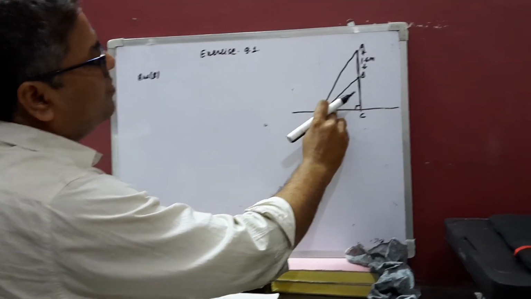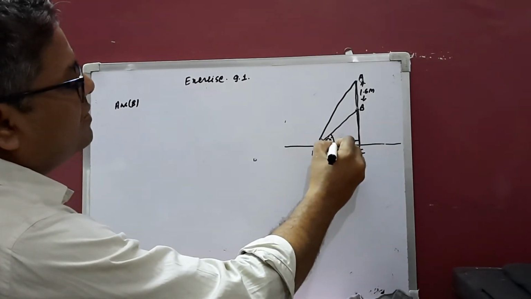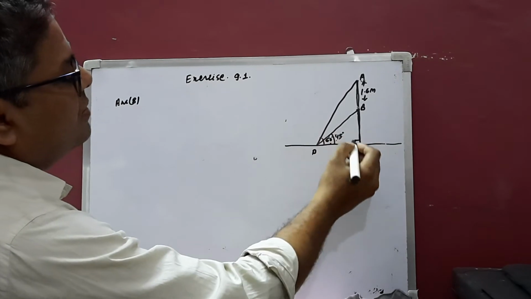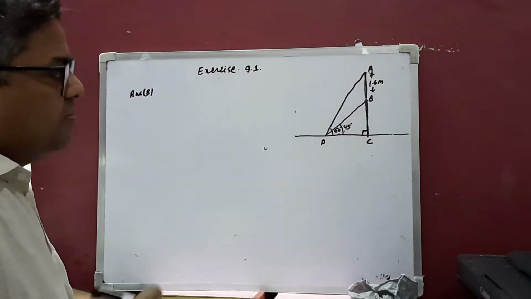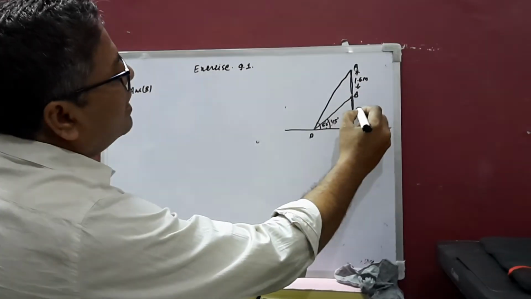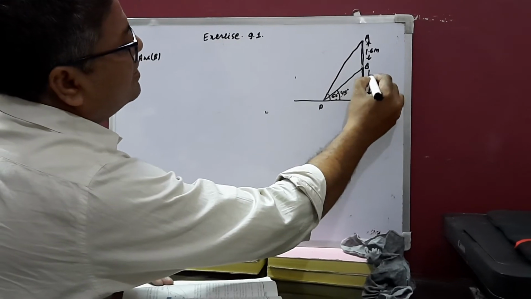First of all, you will write here 60 degree, and this is 45 degree. Find the height of the pedestal. Height of the pedestal, BC, is asked in this question.